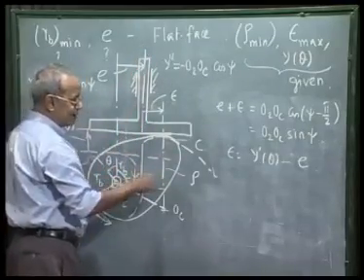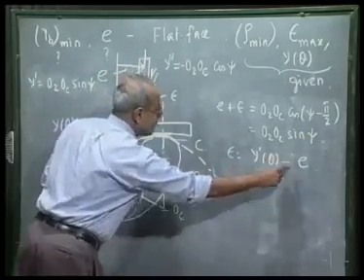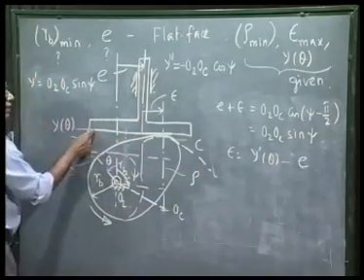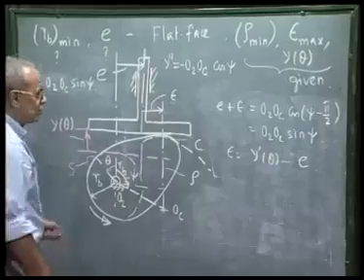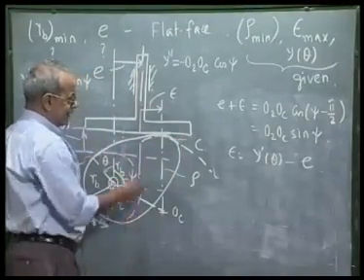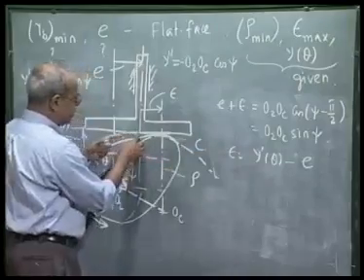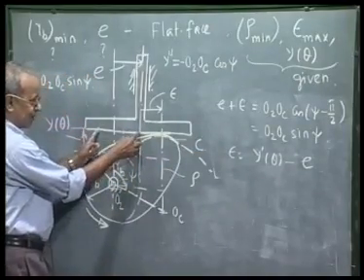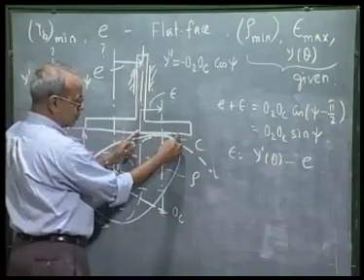And when y prime theta is negative, y prime theta minus e will be negative, that means the contact will be on the left of this. So the total width of the follower that is necessary is the maximum positive epsilon plus the maximum negative epsilon. We have to take the magnitude of this value plus the magnitude of the positive value.